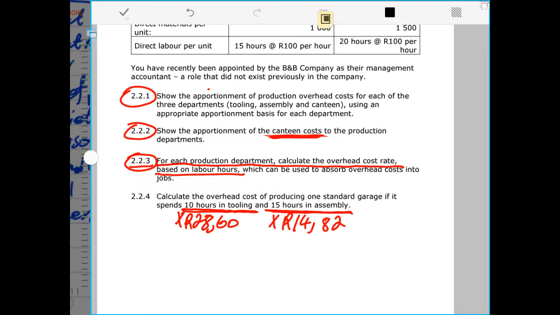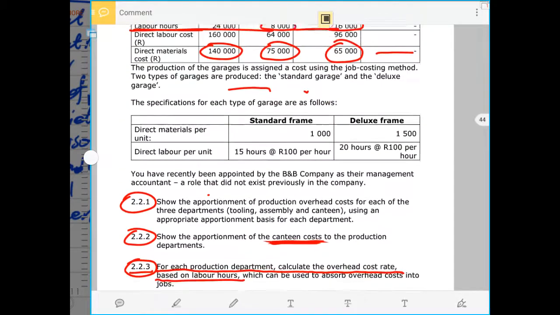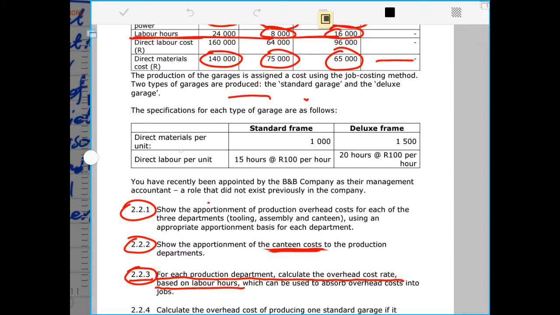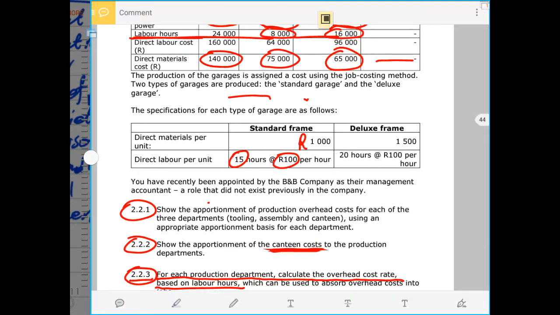So now we need the direct material cost per unit, and we need the direct labor cost per unit. Fortunately, we do have direct material cost per unit as 1,000 and 1,500. And we also know the direct labor: it takes 15 hours and employees are paid 100 rand to complete one garage of standard frame, and it takes 20 hours to complete one garage of Urex, and employees are paid 100 rand.